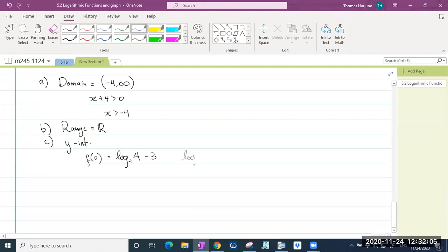In exponential form, 2 to what equals 4? Then that what must be 2, right? Because 4 is 2 squared. So log base 2 of 4 is 2, minus 3, that's negative 1. So the y-intercept is (0, negative 1).